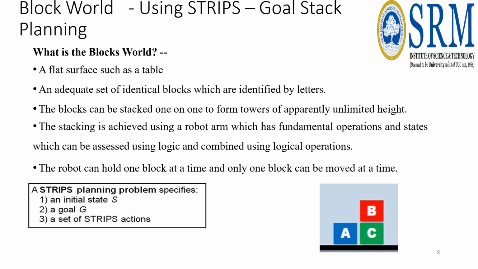There are three different blocks, A, B and C, placed on the surface of a table. The table is a flat surface on which the blocks A, B and C are placed. There is an adequate set of identical blocks, identified by letters like A, B and C. The blocks can be stacked one on another to form towers of apparently unlimited height.